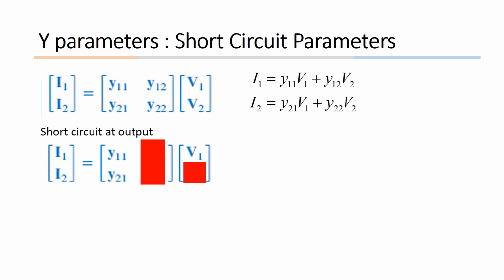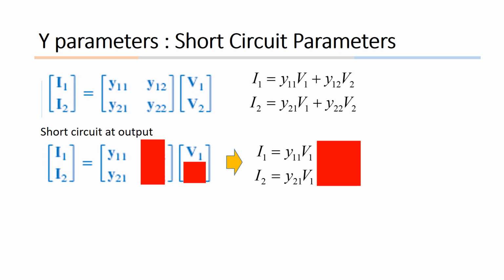Which means we want to make V2 equal to 0, so that the equations for currents I1 and I2 can simply be represented as the Y parameters and the V1 values. Thus, we will obtain simply Y11 and Y21, the ratios of I1 and I2 to the input voltage V1.